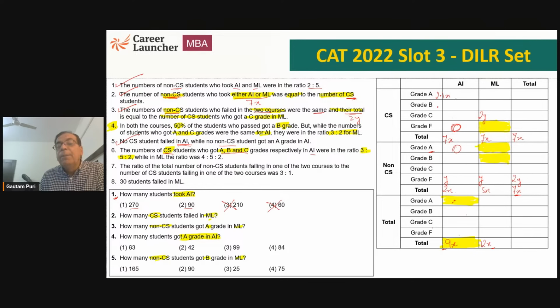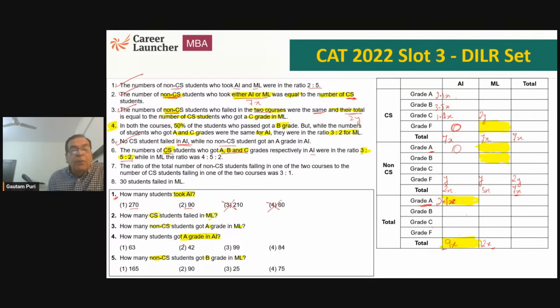B grade is 50%. 3 plus 5, 8 plus 2, 10. 3 out of 10, 30%. 3 by 10 of 7. 5 by 10 of 7 is 50%, so 3.5x. And 2 by 10 is 20%, so 1.4x. Right? That means the total number of students who have got the grade A in AI will also be 2.1x. Isn't it? This will also be 2.1x.